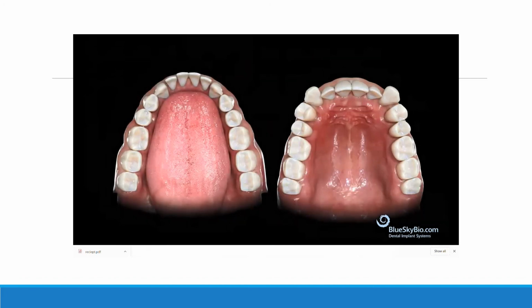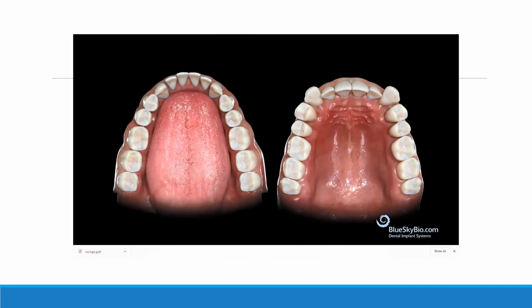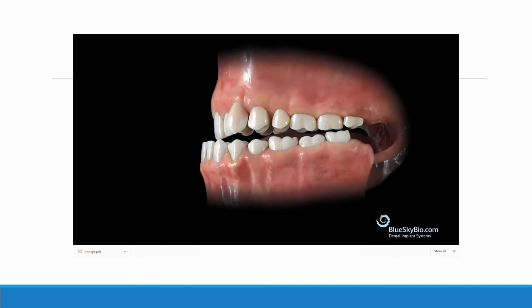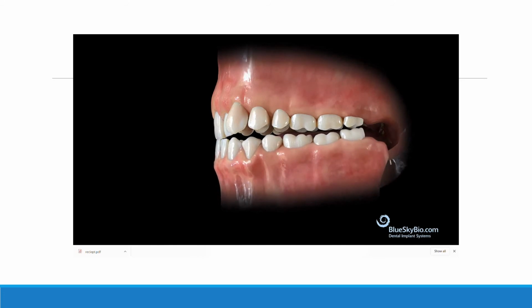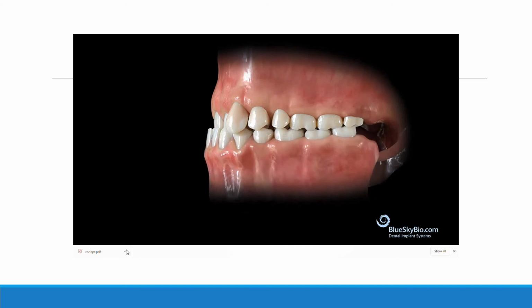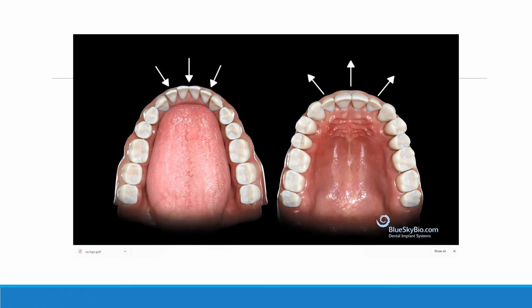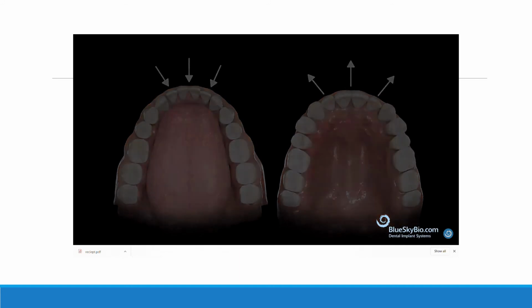It is essential to assess the position and angulation of maxillary and mandibular incisors and the resultant interincisal relationship. The class 3 relationship may be associated with an edge-to-edge relationship, a negative overjet or positive overjet.